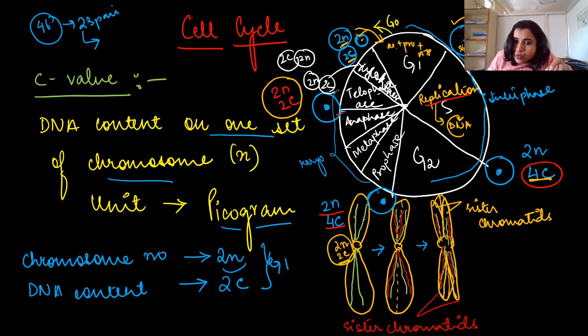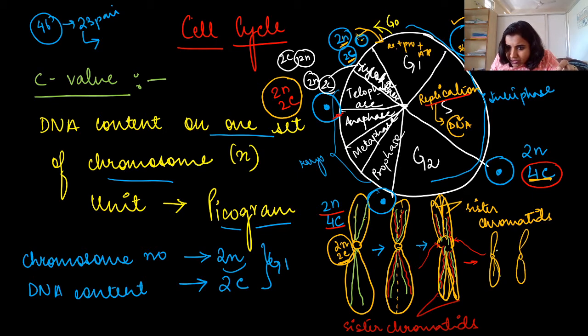In anaphase, what will happen? A thread-like structure will come and join the chromosome at the center, and it splits the sister chromatids into two parts, like this. One part is like this, one part is like this.